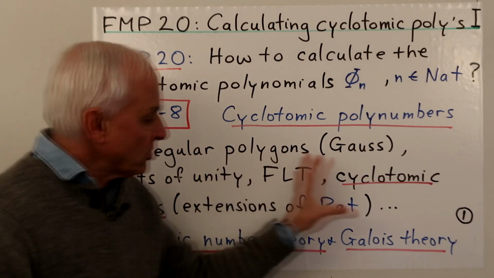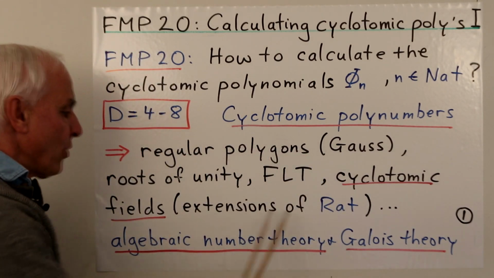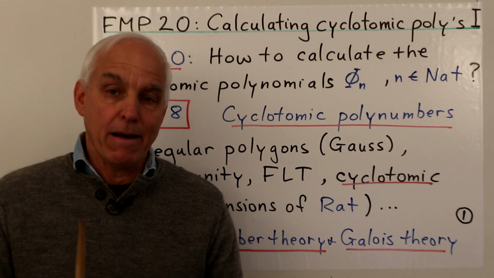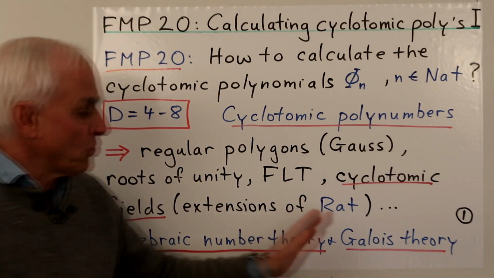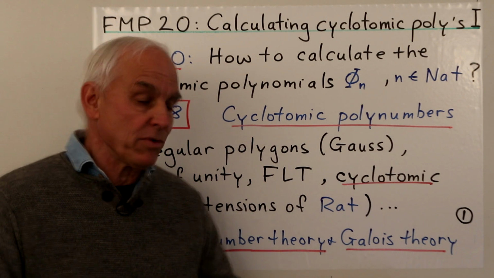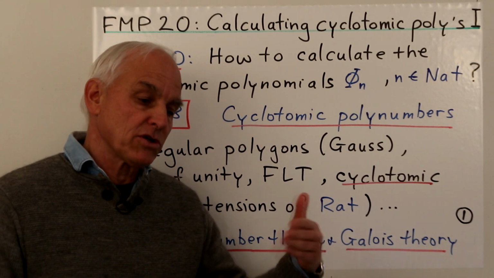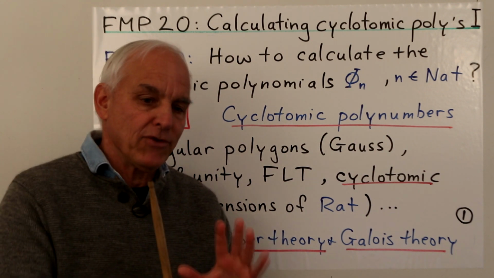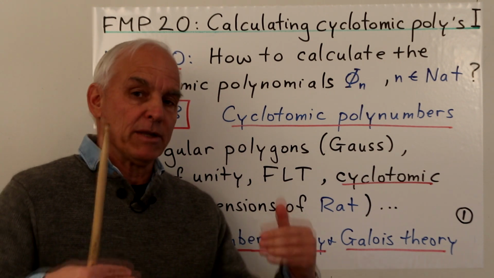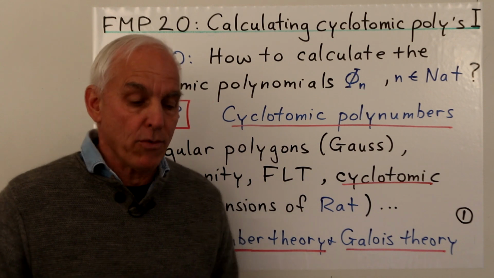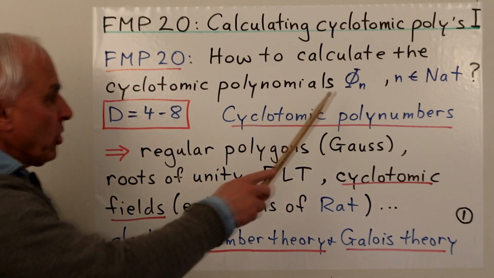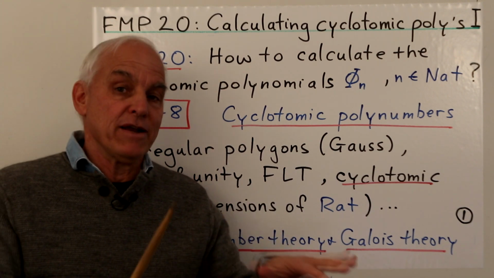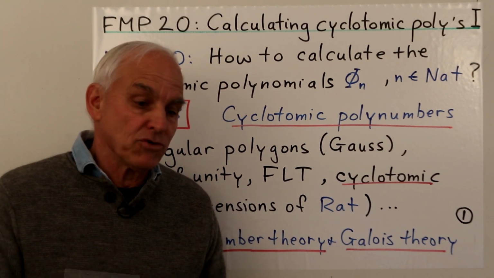Now, these topics are quite close to a general area of mathematics called algebraic number theory, and an associated branch of algebra called Galois theory, which is concerned with fields more generally and symmetries of fields associated ultimately to solutions of polynomial equations. So these polynomials, although they're quite modest and elementary, they do have a lot of interesting connections with interesting things.